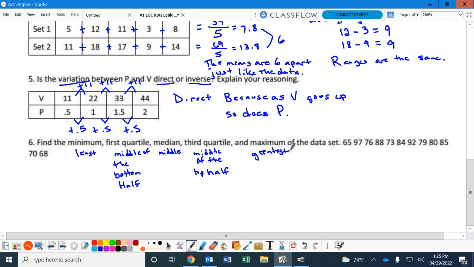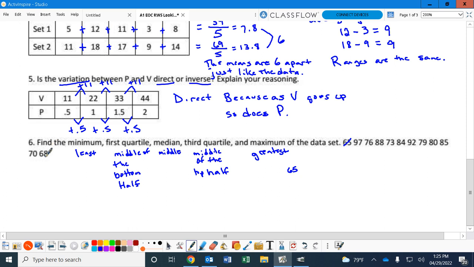So let's do this together. Let's set it up. What's the least number out of all these numbers? 65. Cross it out. What's the next number? Do you see the 68? Here's going to be an issue. Everybody sees these numbers and they don't see that two of them rounded down to here.